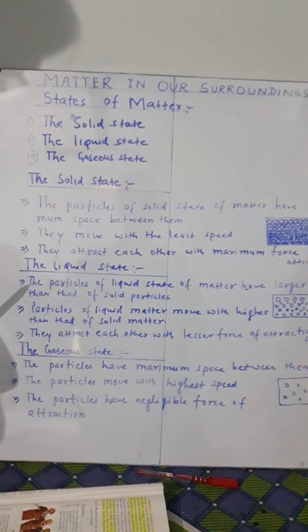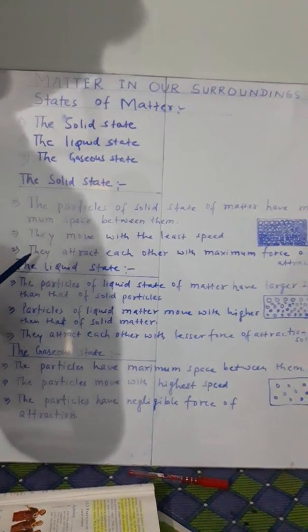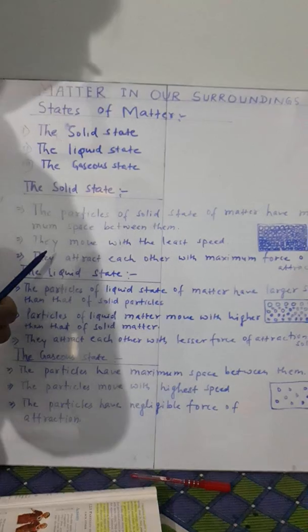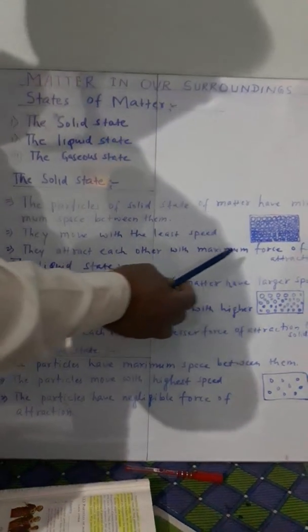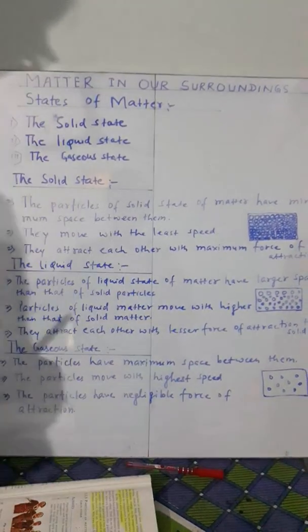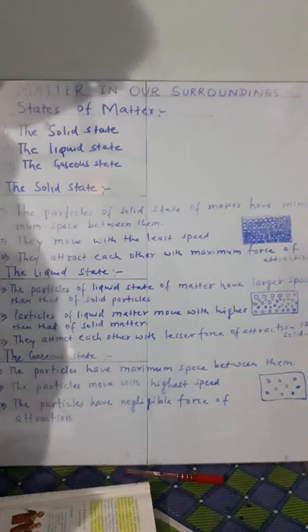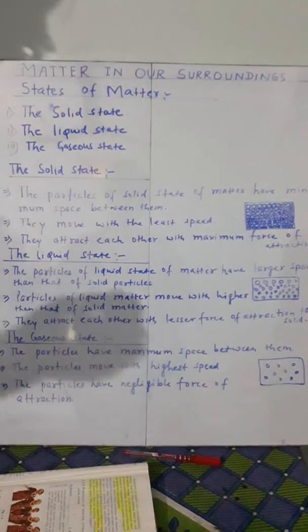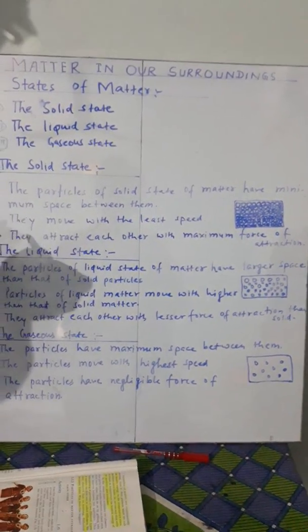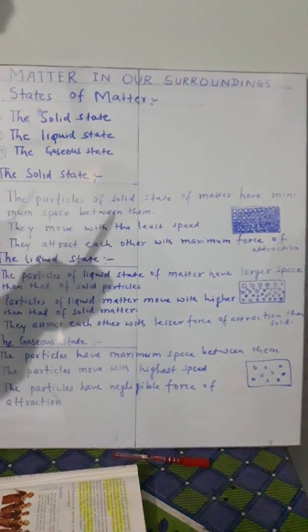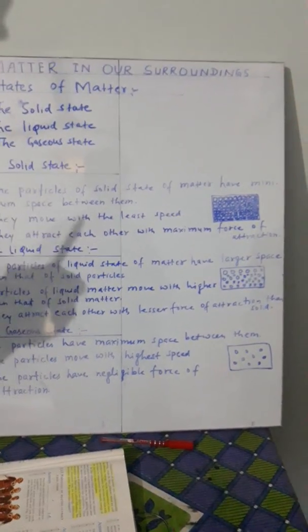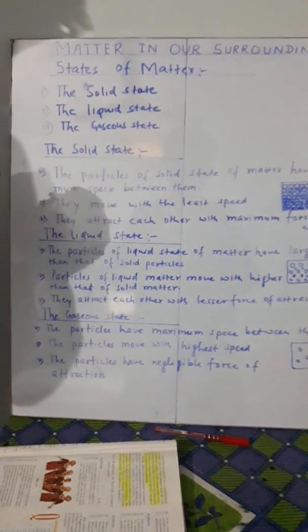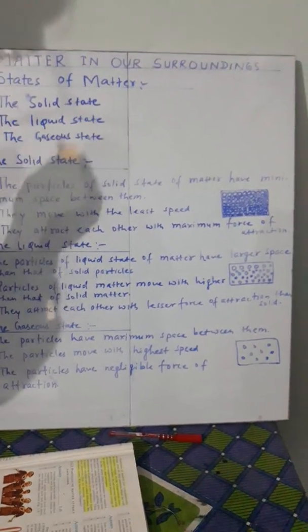The third property is they attract each other with maximum force of attraction. In the case of solid matter, see what I am discussing, these 3 points are the characteristics of particles of matter. Only on that basis I am discussing the 3 states of matter.